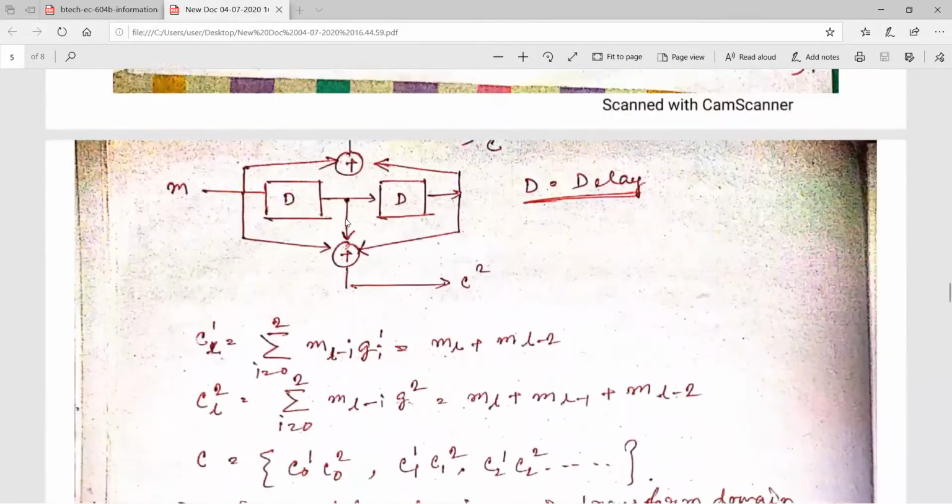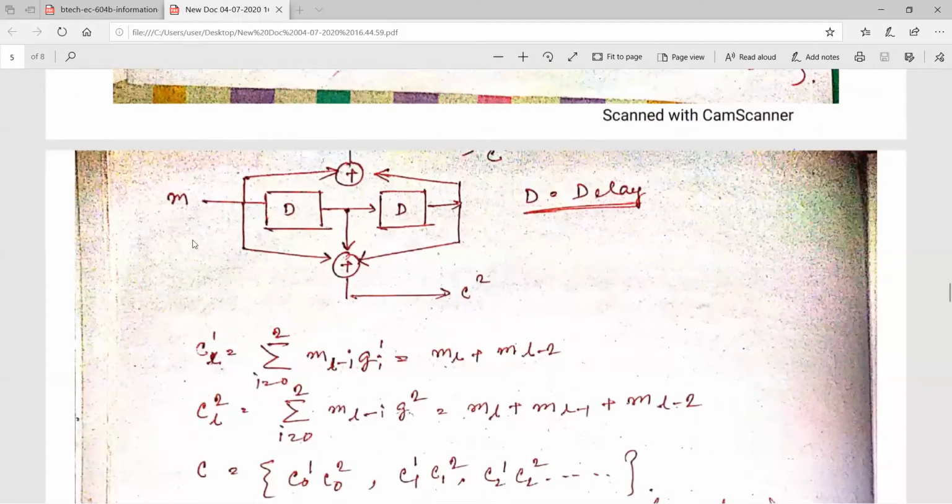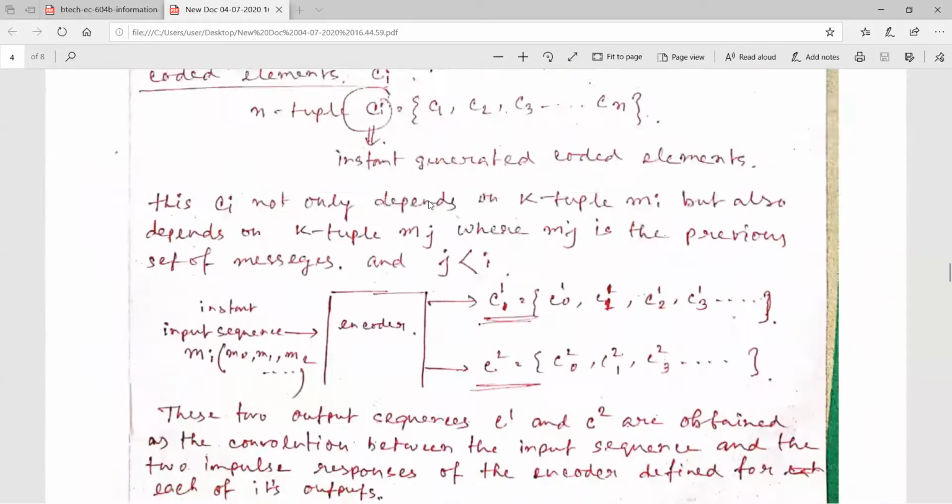If you see this picture, two delays are being used, D and D. So these two memory segments are defined as capital K. So for this system, the value of capital K will be 2.